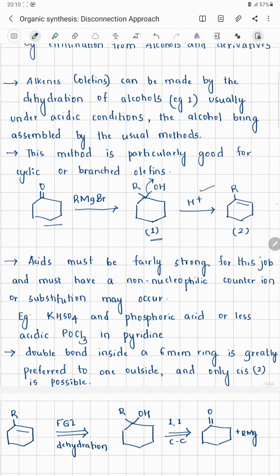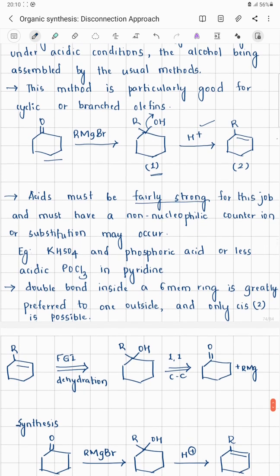For the synthesis of an alkene system to happen, the acids must be fairly strong and they must have a non-nucleophilic counter ion, or substitution may occur. If there is a nucleophile along with the acid, for example H plus and Cl minus, that is HCl as an acid, Cl minus can act as a nucleophile and further substitution may take place.